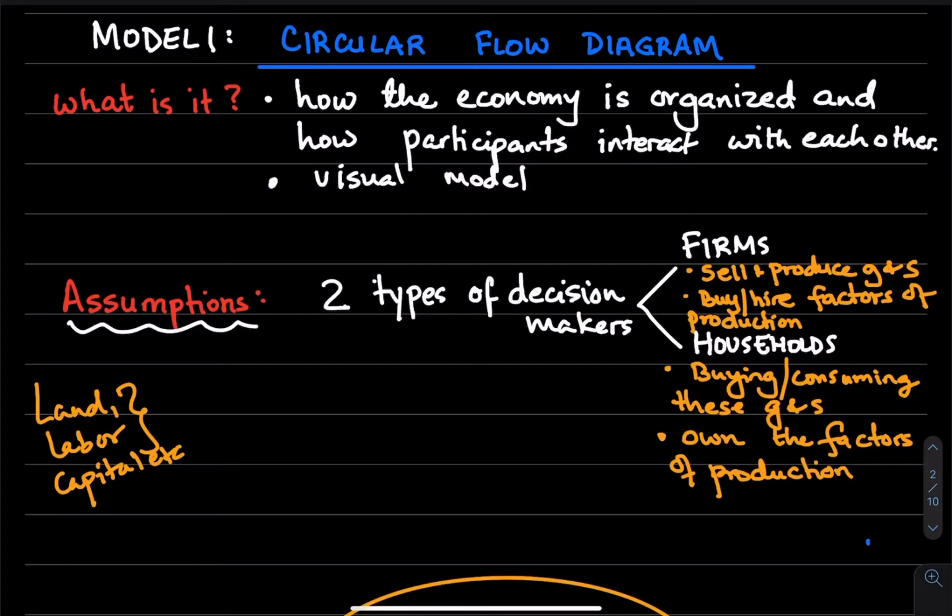And then the second assumption is that these two players, the firms and households, interact in two types of markets.